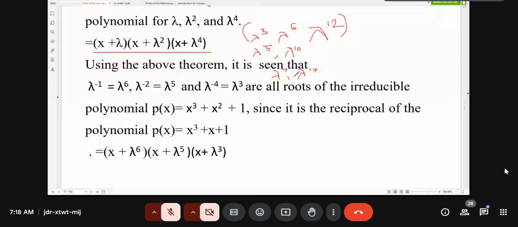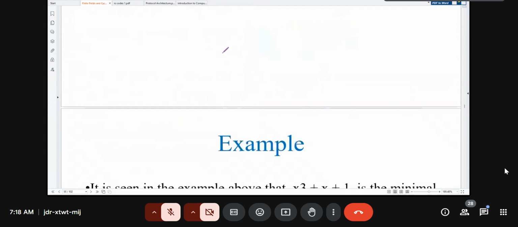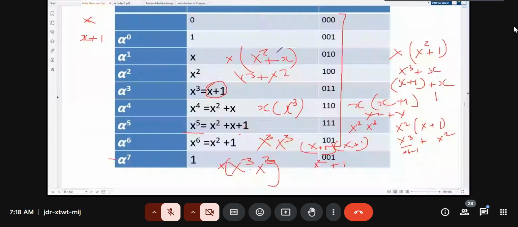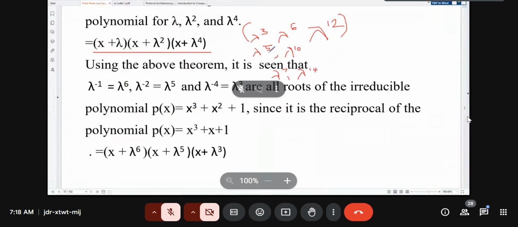So we have lambda to the power of 7, lambda to the power of, oh, sorry. I'm looking at the wrong case. This is the case of the 3-bit field element. I'm looking, sorry about that.